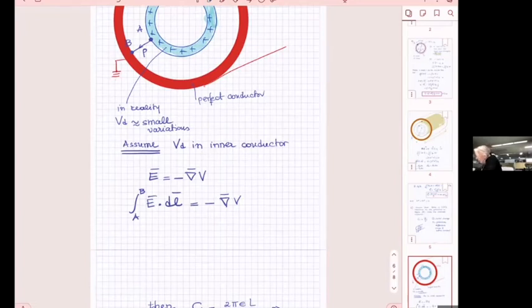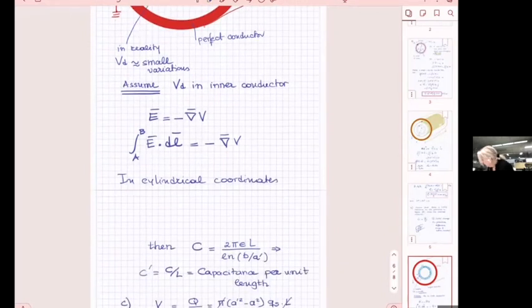The book says at the back that the gradient in cylindrical coordinates of V is given as the partial of V with respect to rho along the rho direction, plus 1 over rho times the partial of V with respect to phi along the phi direction, plus the partial of V with respect to z along the z direction, a sub z.